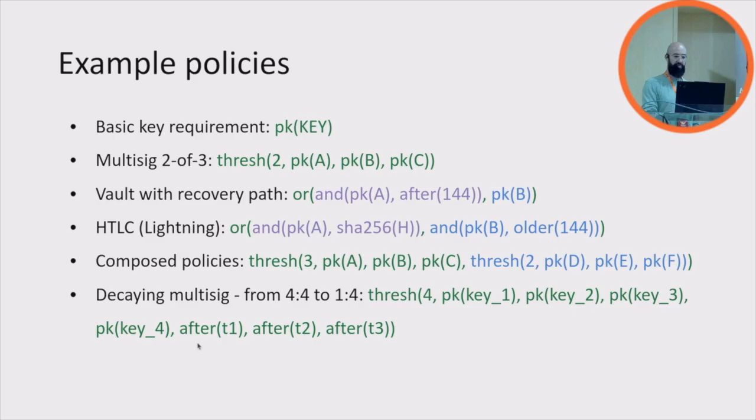You can see that after, let's say, 1 year, after 2 years, etc., they will be satisfied as one of the conditions that we need to satisfy the full expression.